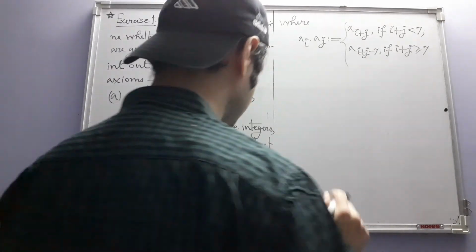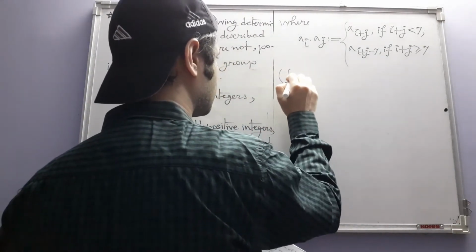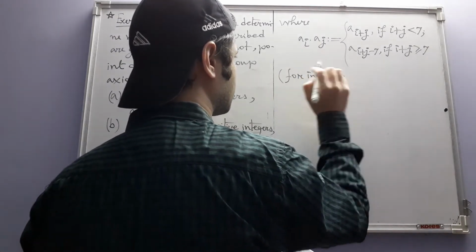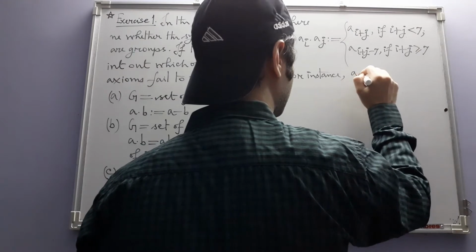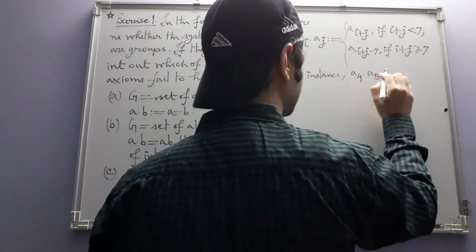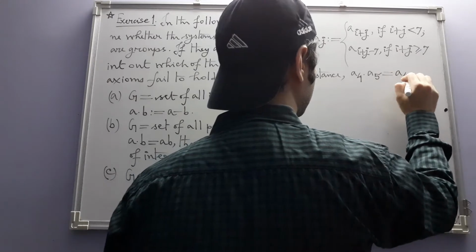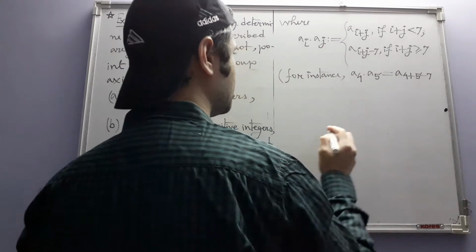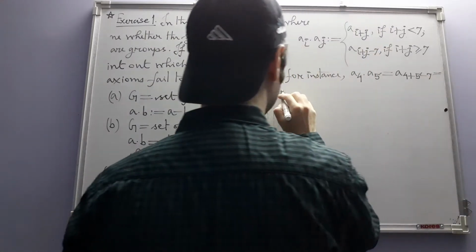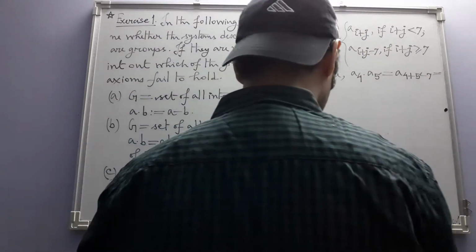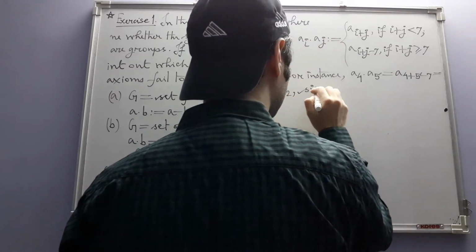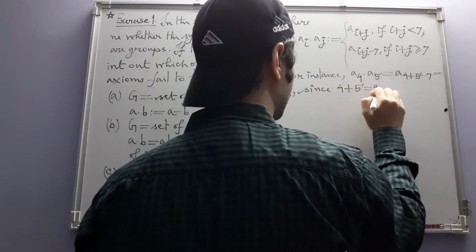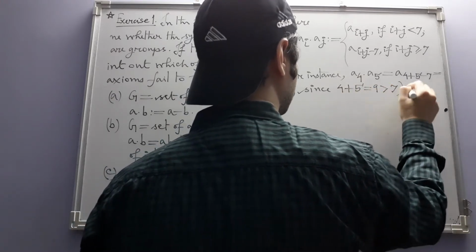And an example is also given. For instance, a4 dot a5 is equal to a(4 plus 5 minus 7), which is 9 minus 7, that is 2, is equal to a2, since 4 plus 5 is 9, which is greater than 7.